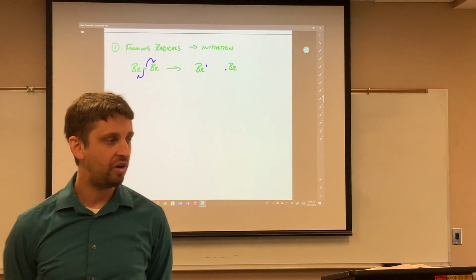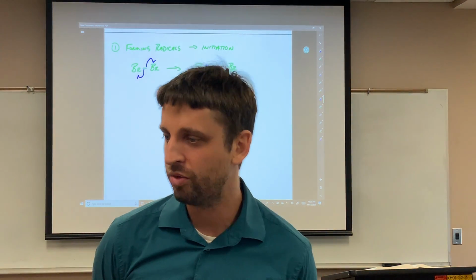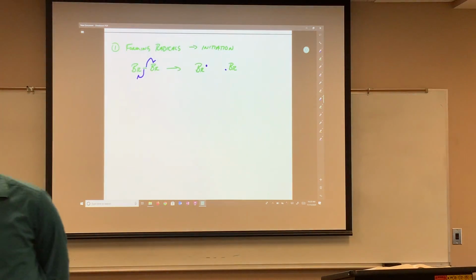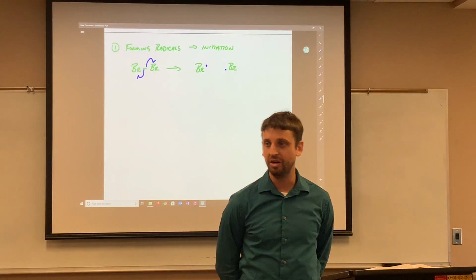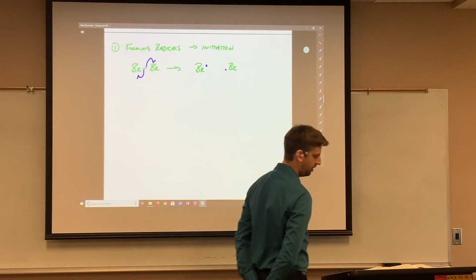Now this step is reversible. You can imagine that these two radicals could come together and reform that bond. But remember, with a mechanism, we're just saying what are the logical steps to get to the product.